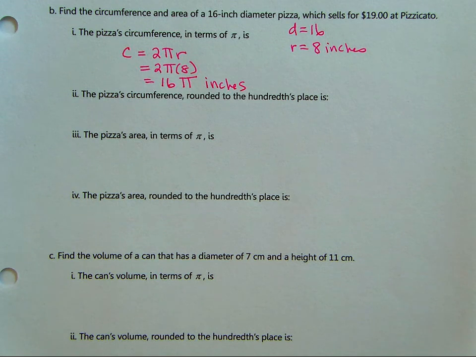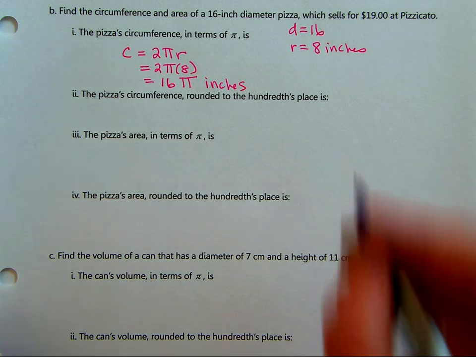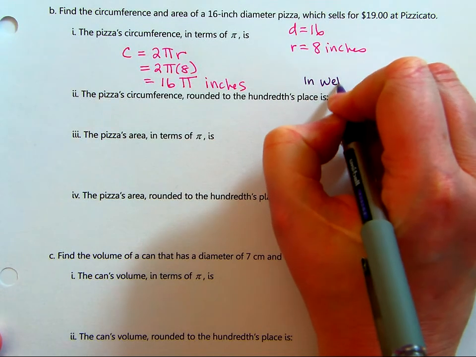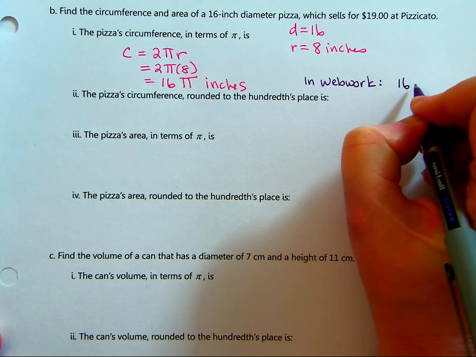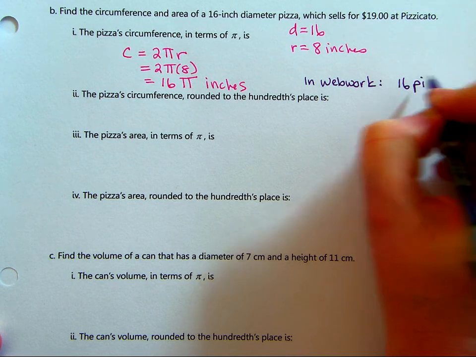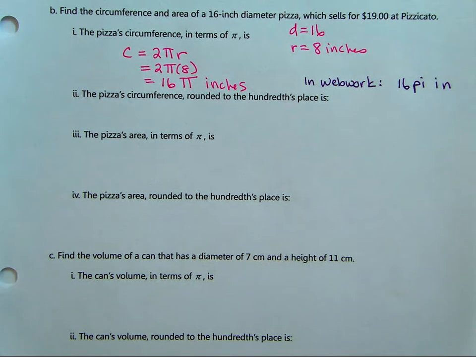How do you type pi? There's a little pi, right. So in WebWork, this would look like 16 pi in. I don't think you need the asterisk to multiply.